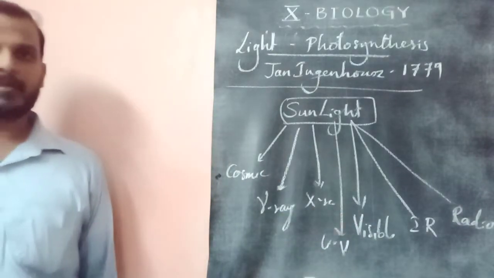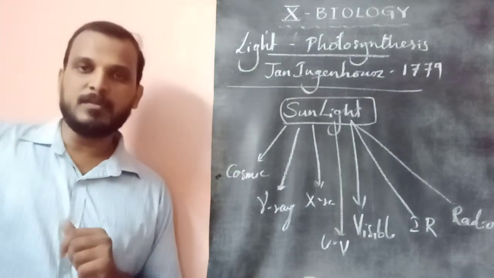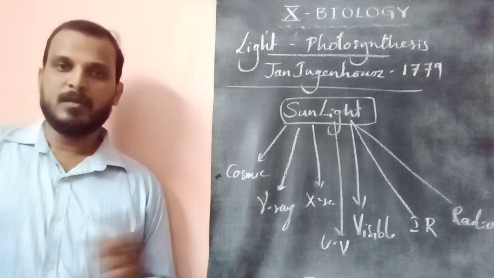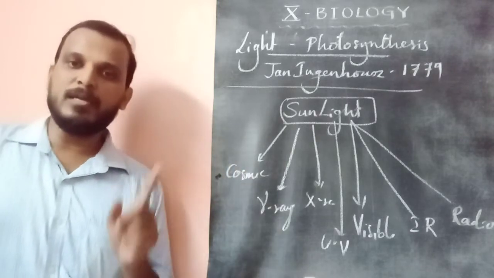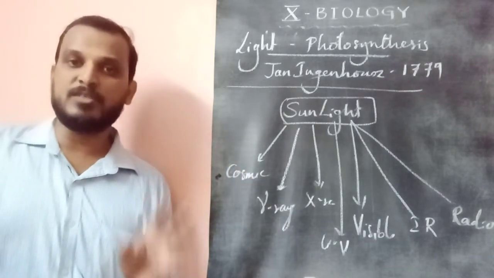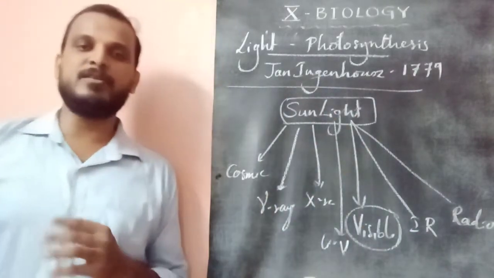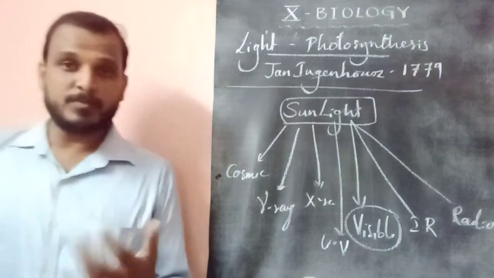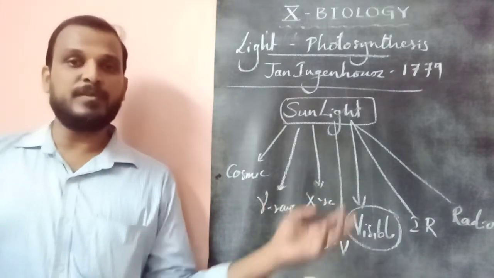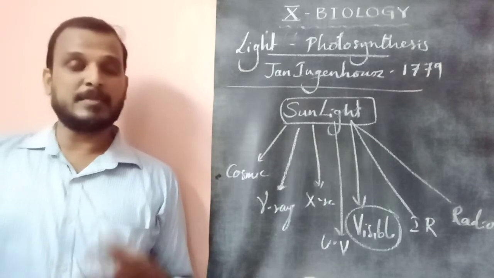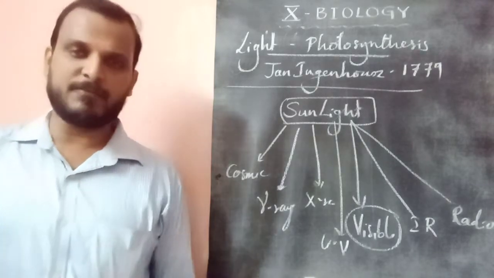Out of these 7 kinds, not all rays are used to make objects visible. Only the kind of rays which make us see anything is called visible rays. The remaining are all invisible and harmful: cosmic rays, gamma rays, X-rays, UV rays, IR rays, radio waves. Some are with high energy, some are with high wavelengths. These are all additional informations.